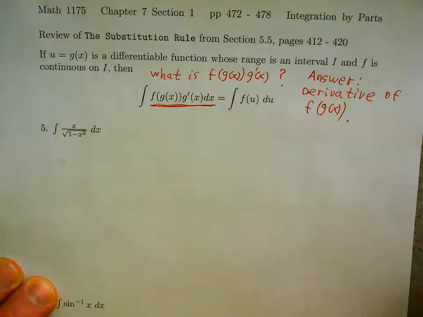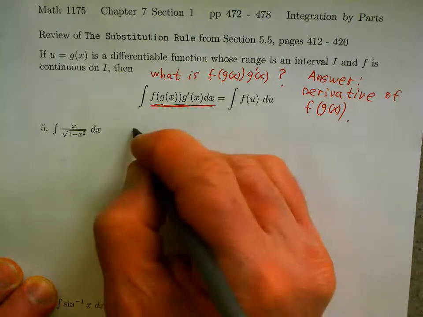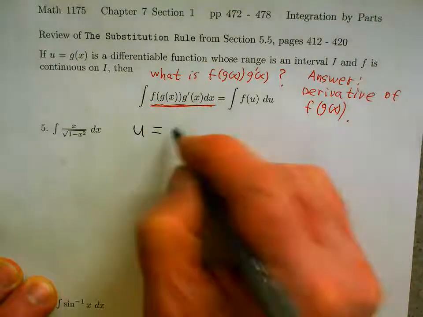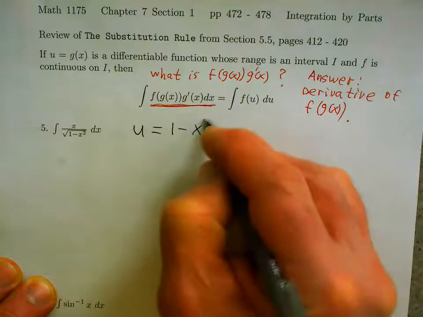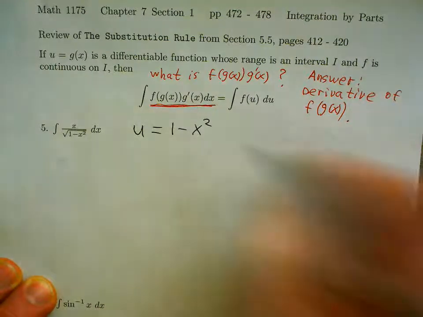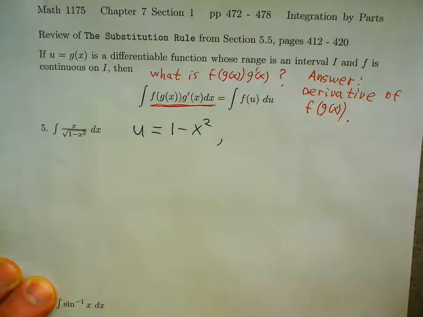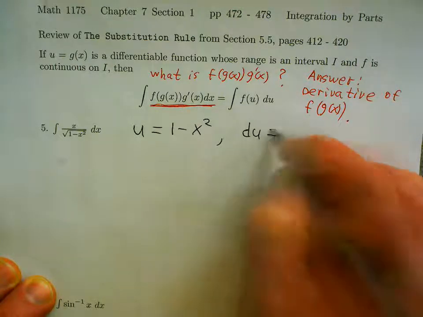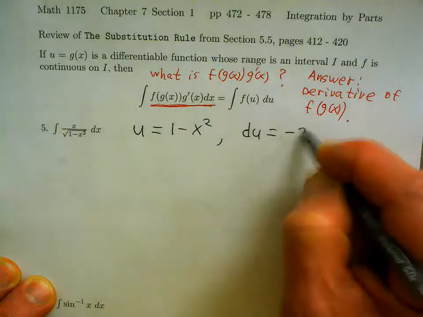Okay, so here's what we can do. Let's assign u to be 1 minus x squared. And so the differential du is equal to negative 2x dx.